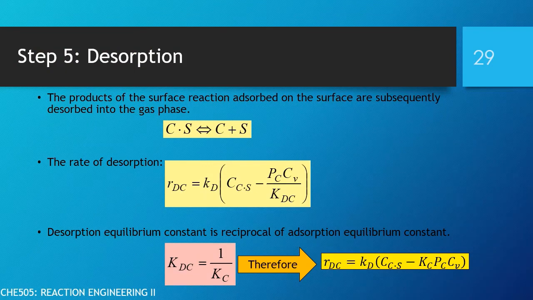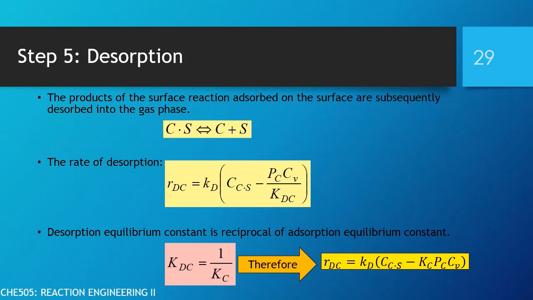K_DC equals 1 over the equilibrium constant of adsorption of species C. Therefore, r_DC equals k_D C_C·S minus k_C P_C C_v. Or if you want to leave it as the previous equation, without relating it to the equilibrium constant, that is also fine.